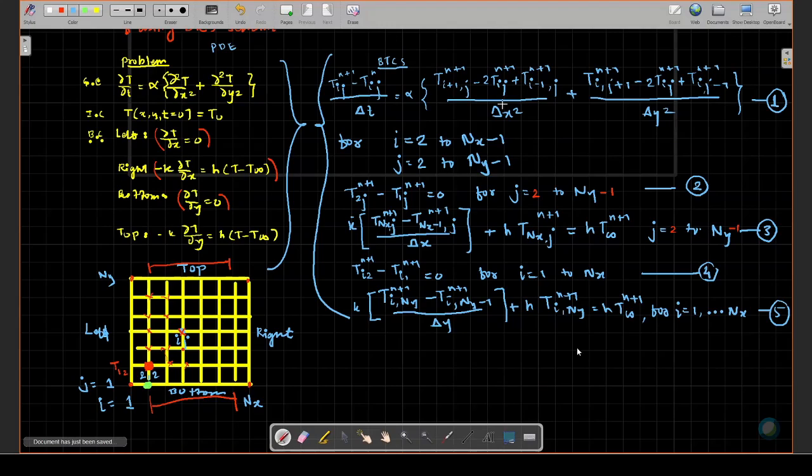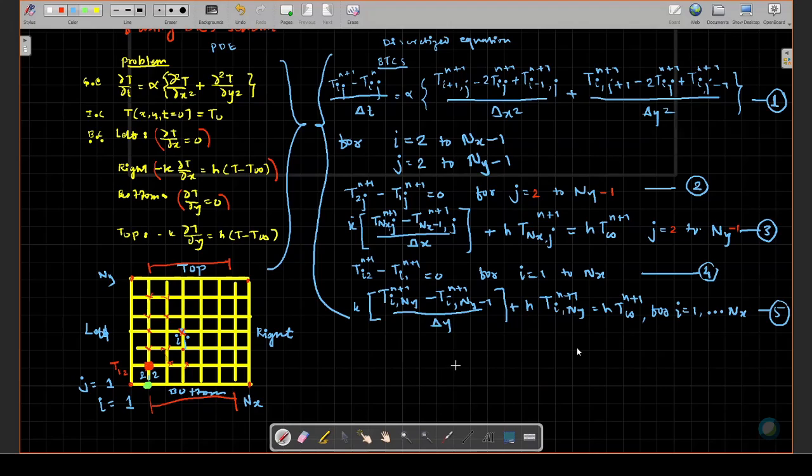This is the discrete form of equations, called discretized equations.